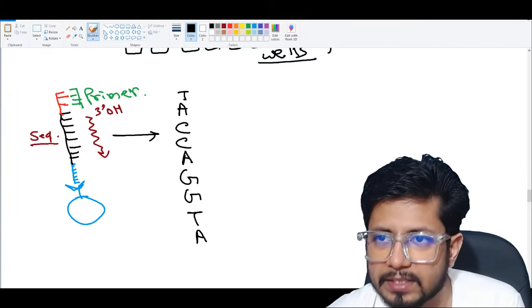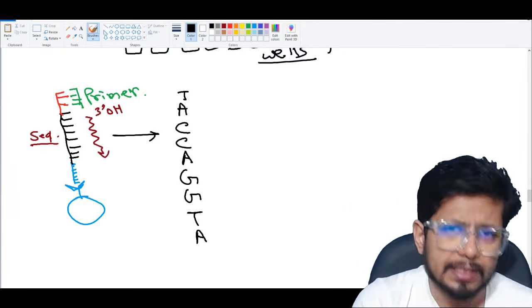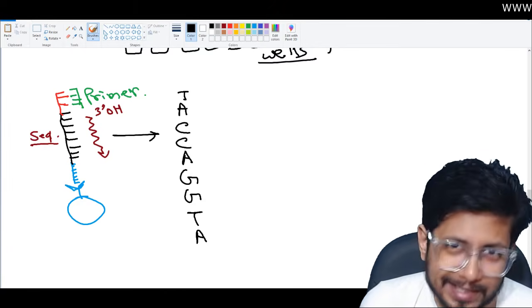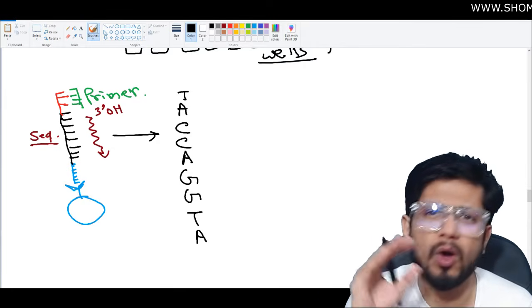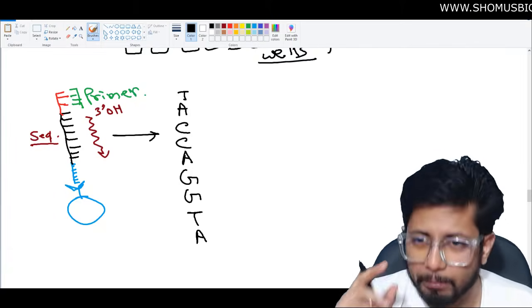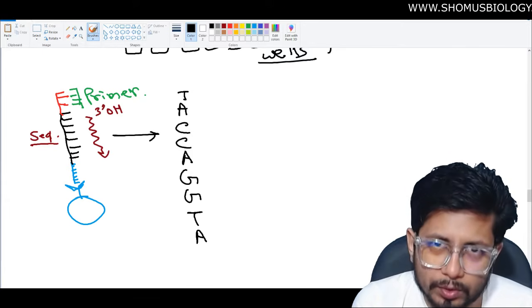If this is the sequence and we have dNTPs added, now the dNTPs that we add are not modified, they don't contain any fluorescent dye, they don't have any ddNTPs, nothing like that. It's normal dNTP. But what we are doing here, we are adding one type of nucleotide at a time.